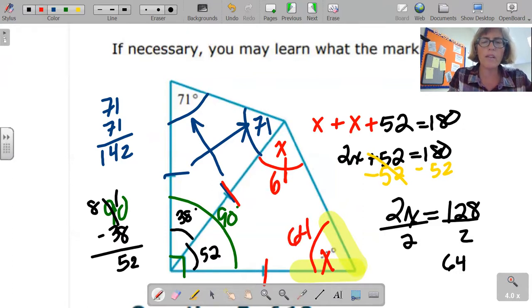So we find both of these angles are 64, and you have solved for x.